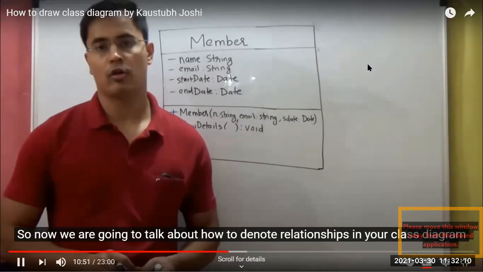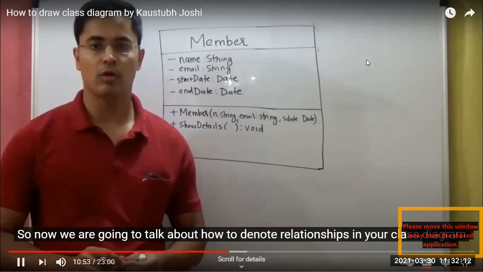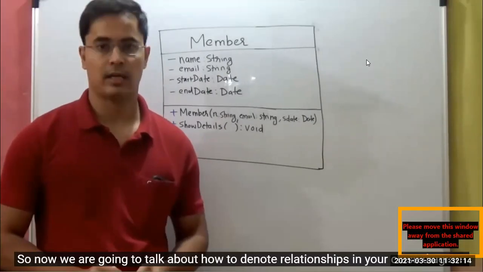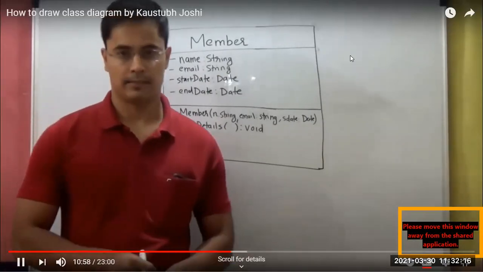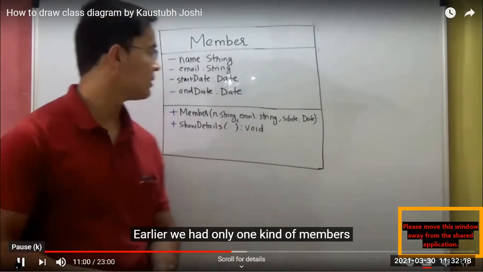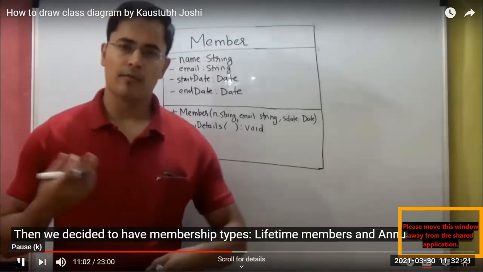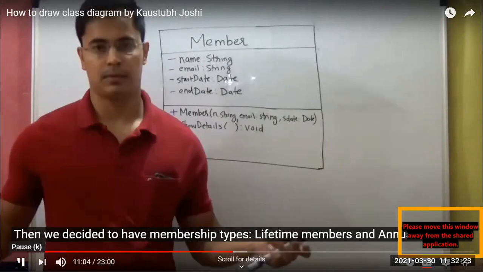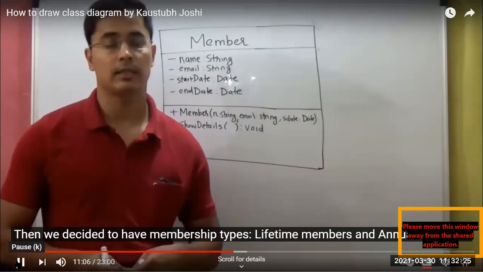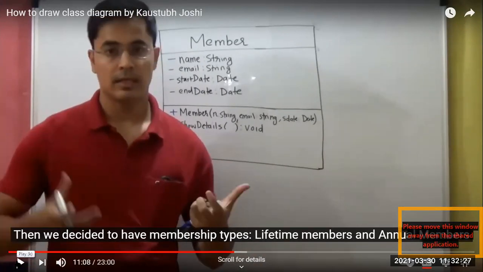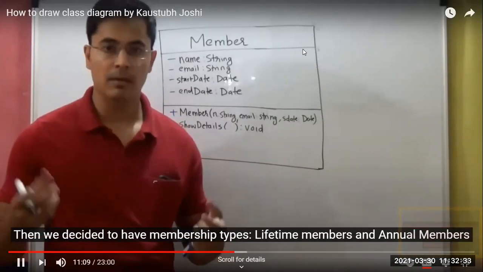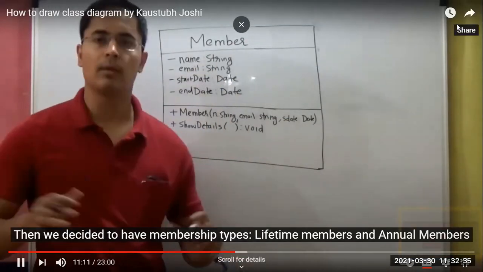So now we are going to talk about how to denote relationships in your class diagram, for example, inheritance. Earlier, we had only one type of member, that is the member class. Then we decided to have membership types, something called lifetime members, meaning our project has annual members in addition to normal members, right?